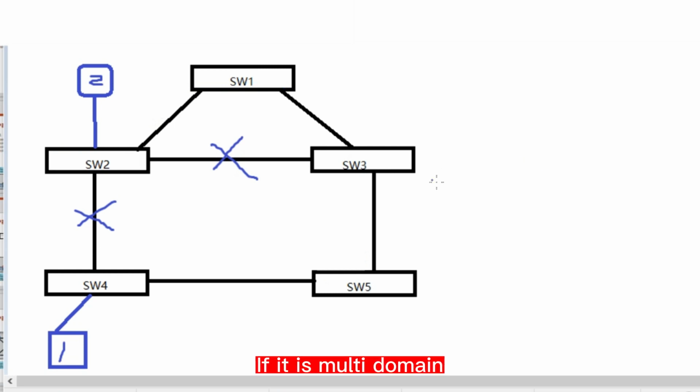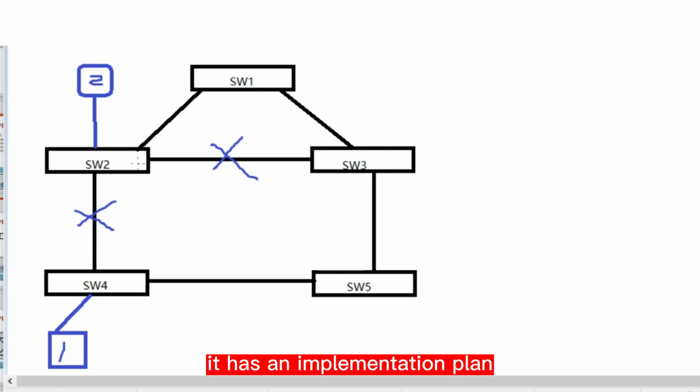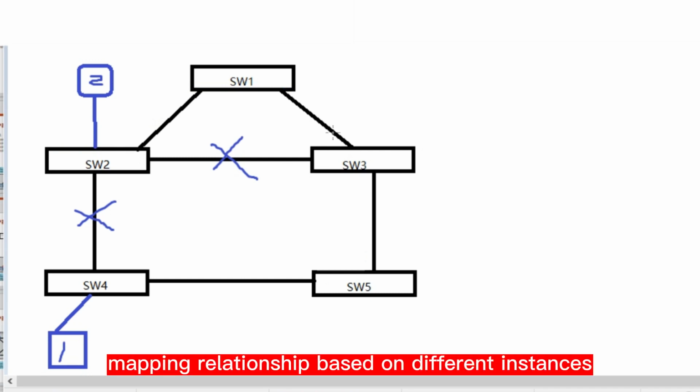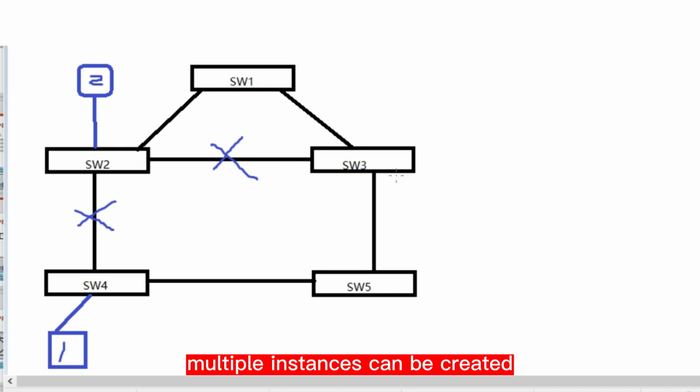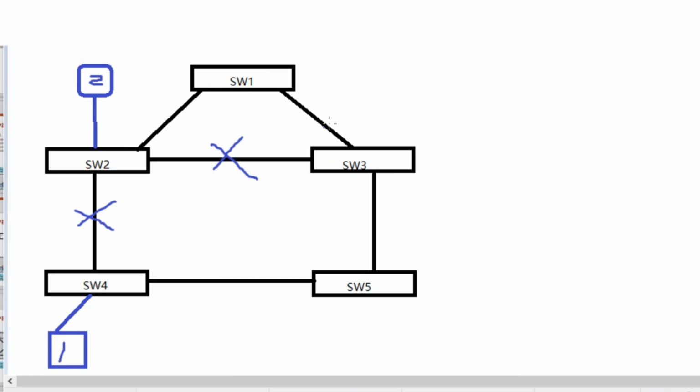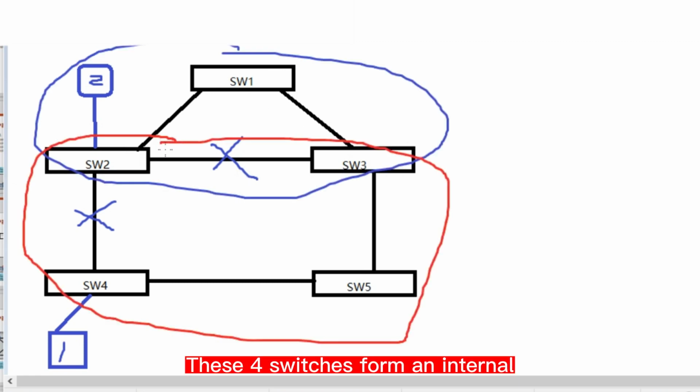If it is multi-domain, it has an implementation plan. Based on the mapping relationship of different instances, multiple instances can be created. These four switches form an internal region, and the data runs inside.